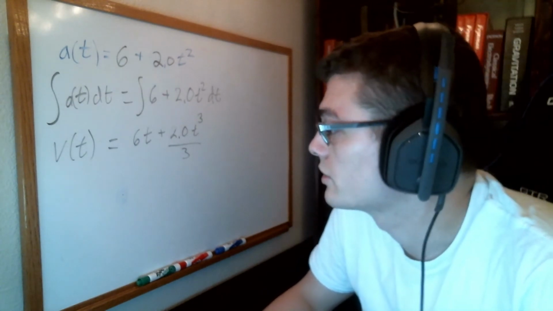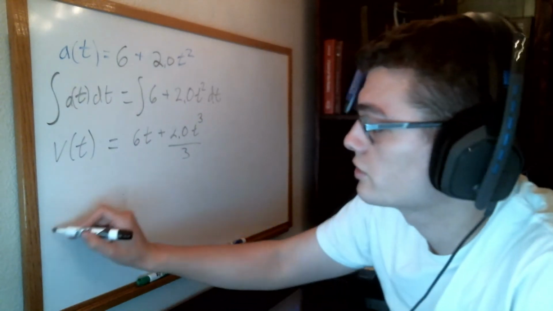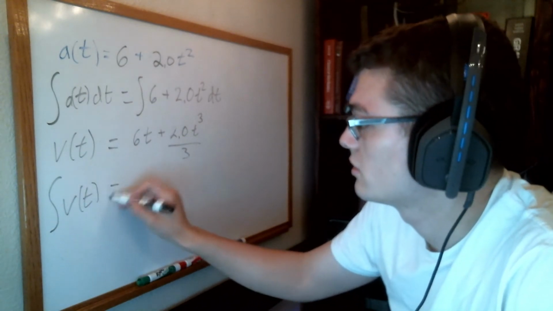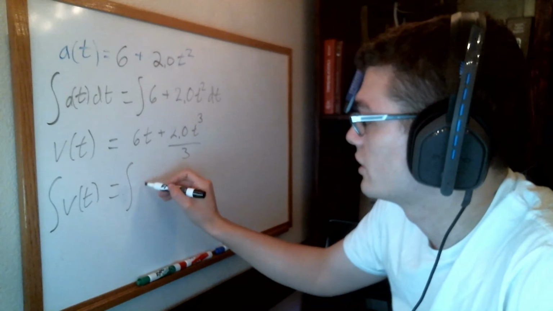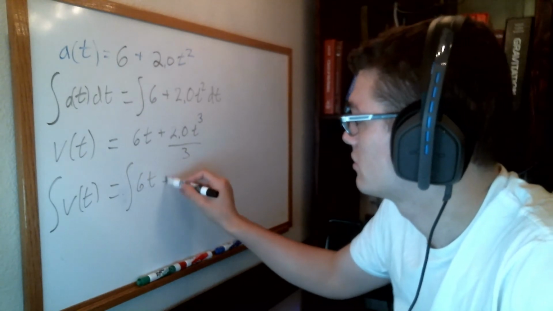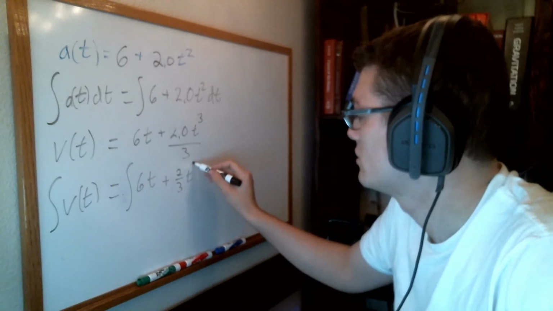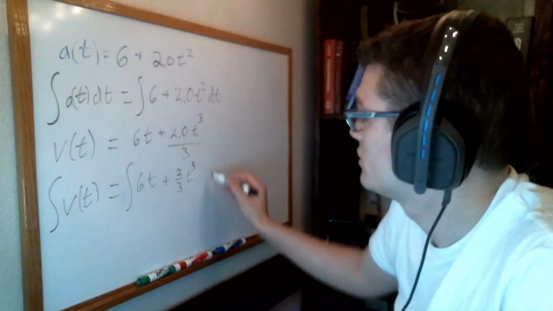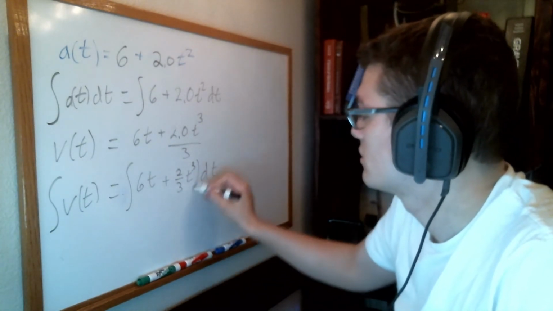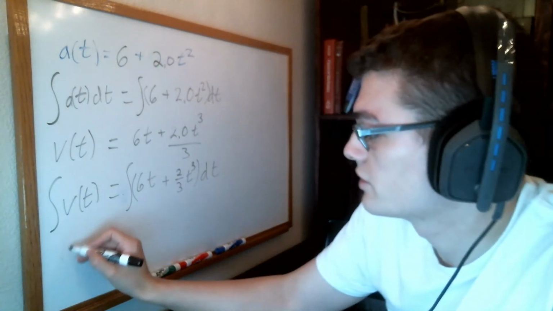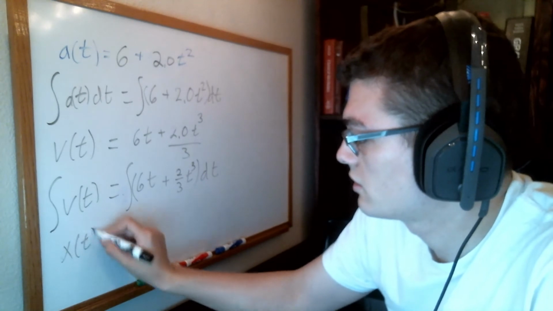So now in order to write an expression for position, we do the same thing with v of t, and we're going to integrate both sides again. And so this is going to be 2 over 3 t cubed dt, just to make things clearer. So then we're going to get x of t here.